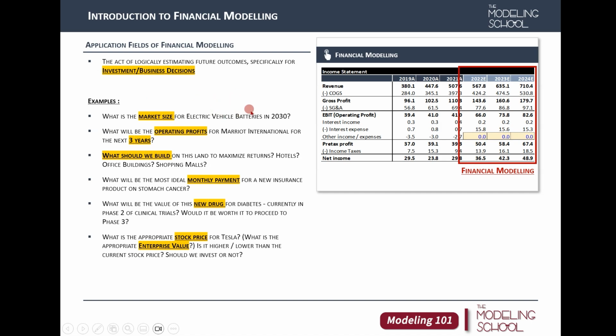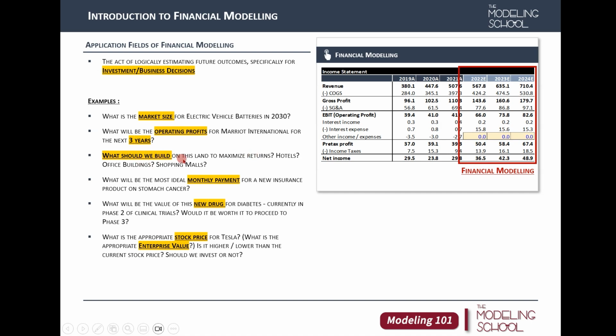Therefore, we're trying to figure out what it's going to be in the next 5 to 10 years, and we try to give very logical reasons for the numbers that we have forecasted. Again, what will be the operating profits or EBIT for a certain company for the next 3 years or the next 5 years? Depending on that estimate, we might decide whether to invest in that company or not.